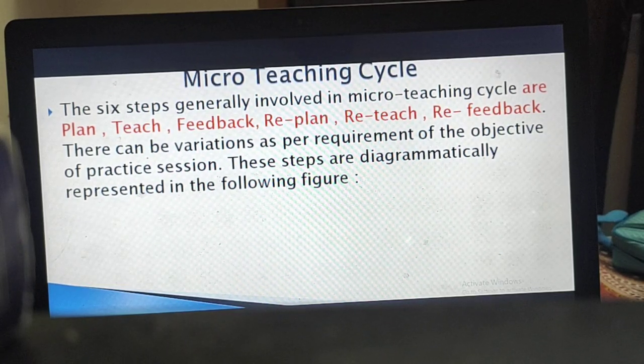These processes go on in a circular way. That's why it is called a micro-teaching cycle. Okay.